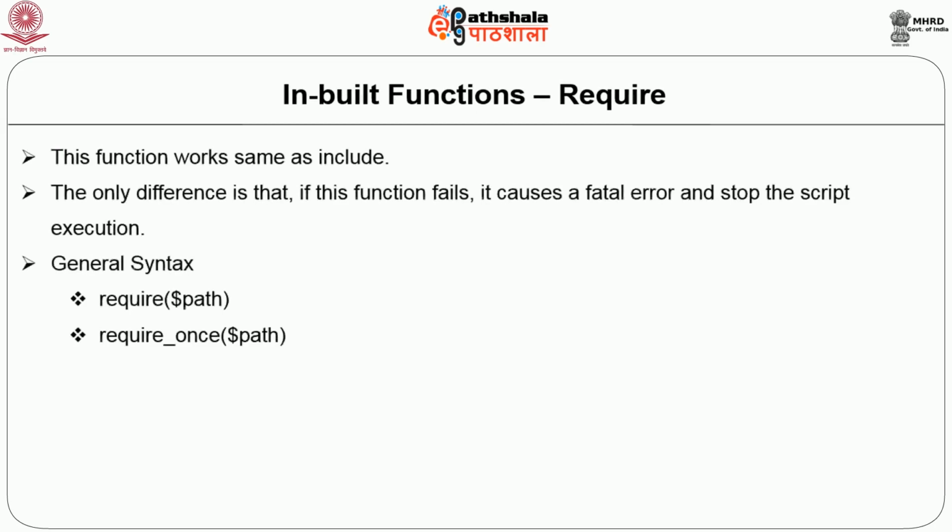But the difference is that in require, if the function fails, it causes a fatal error and stops the script execution. So it is up to your requirement which one you should use. Generally you should use either include_once or require_once, because the file is included only once; otherwise you can include it multiple times. So when you develop a program, you have to make sure which one you require.